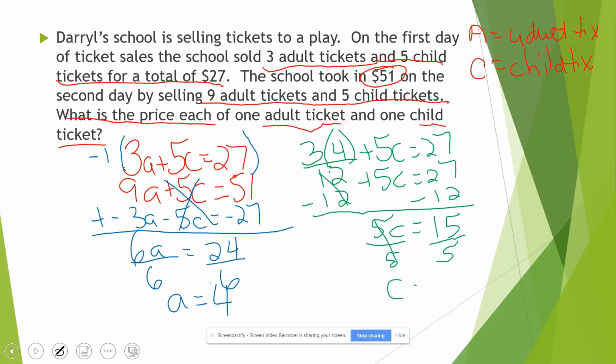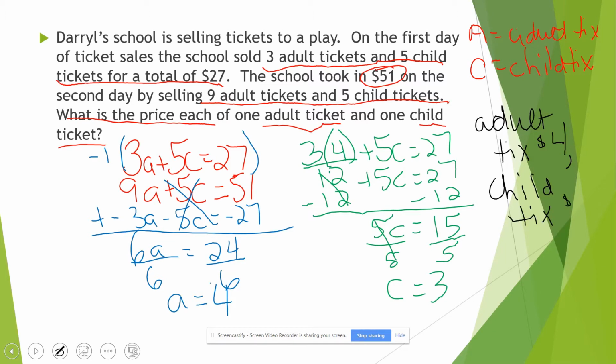Divide both sides by 5, and we get C is equal to 3. So finishing my problem out then, we say adult tickets are $4 and a child ticket is $3.